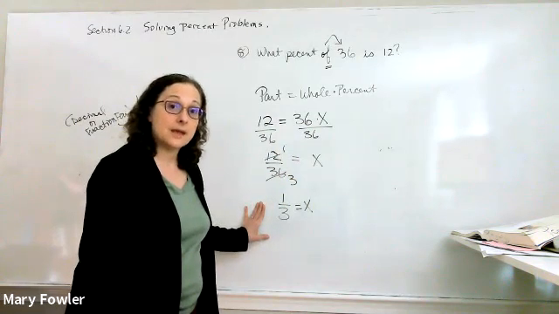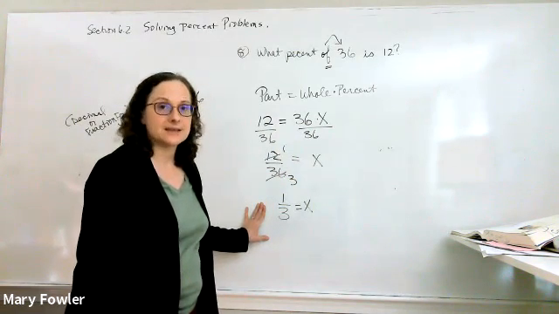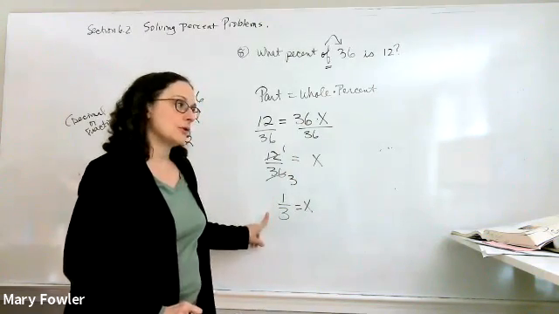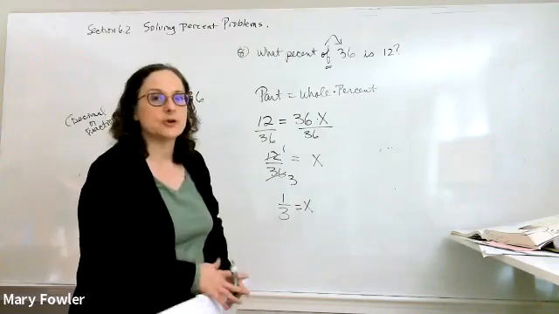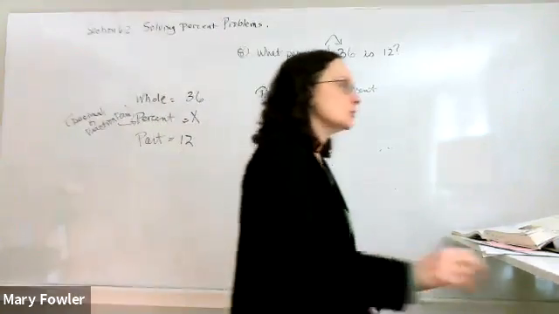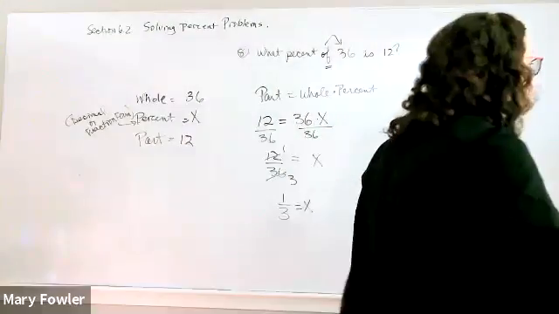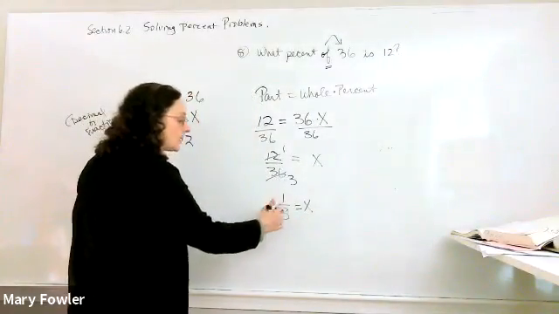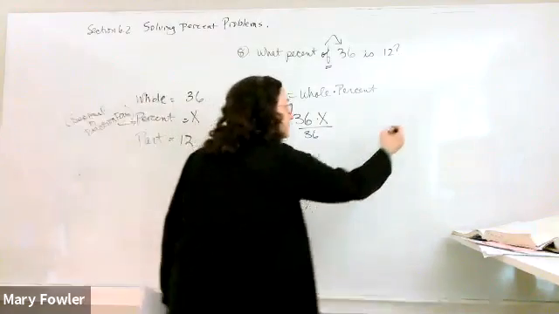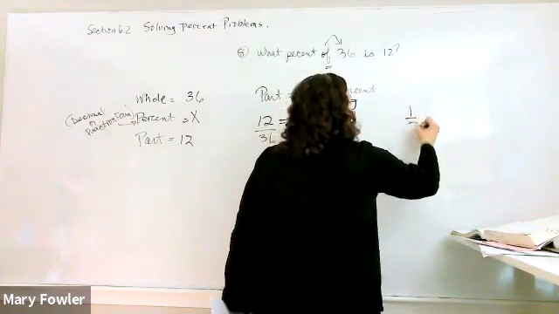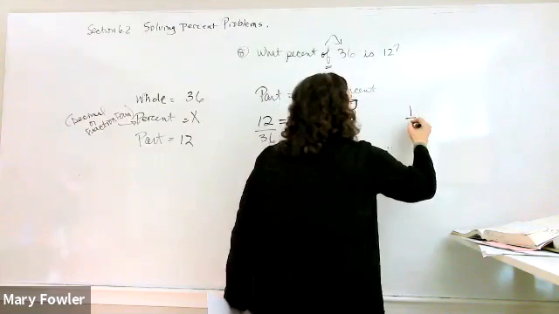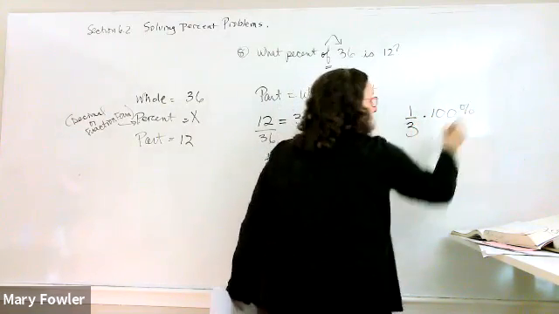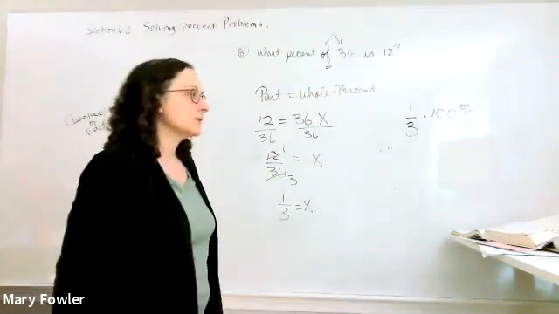Now we're asked to give our answer as a percent. So we need to translate 1/3 into a percent. So go from fractions to percent. To go from fractions to percent, we want to multiply 1/3 times 1 in the form of 100%.